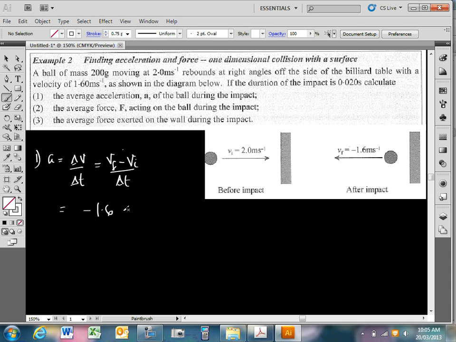Minus 1.6 meters per second minus 2.0 meters per second, divided by the change in time, 0.02 seconds. I'll put the 0 on there just like they have. The calculation comes out at minus 180 meters per second. Of course, it's an acceleration, so it is squared.